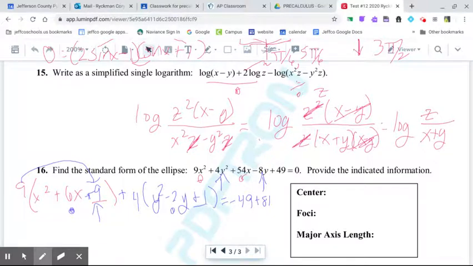But if I distributed, I really just added a 1 times 4, or 4, to balance them. So I have 9 times x plus 3 squared plus 4 times y minus 1 squared equals, and over there, what I got there, I have 36, yeah?